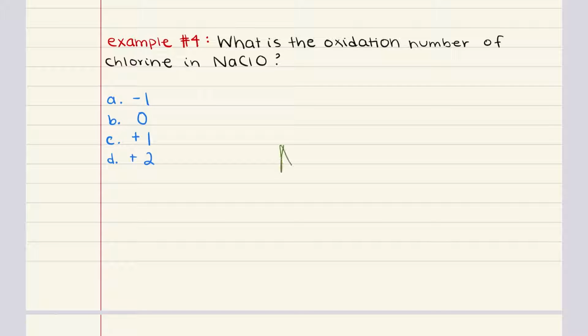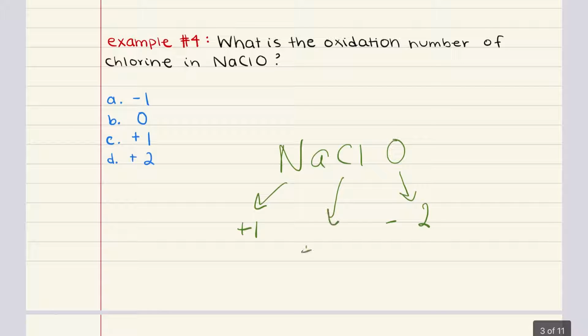So now let's take a look at our compound. Here, sodium is an alkali metal. It's going to have an oxidation number of +1, and oxygen typically has an oxidation number of -2. Now, this is a neutral compound, which means that the chlorine atom must carry a +1 oxidation state in order to balance the overall charge of 0.